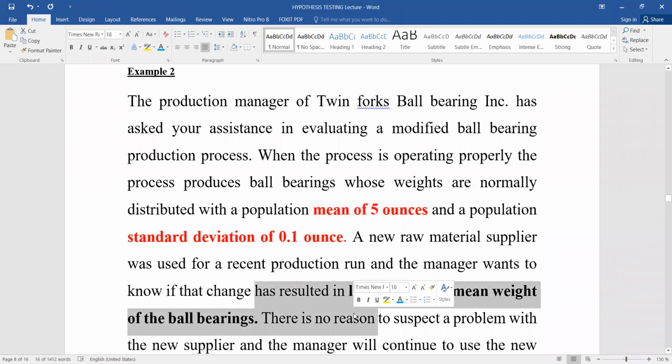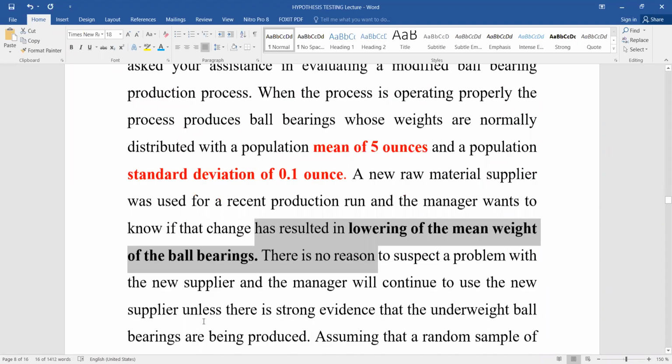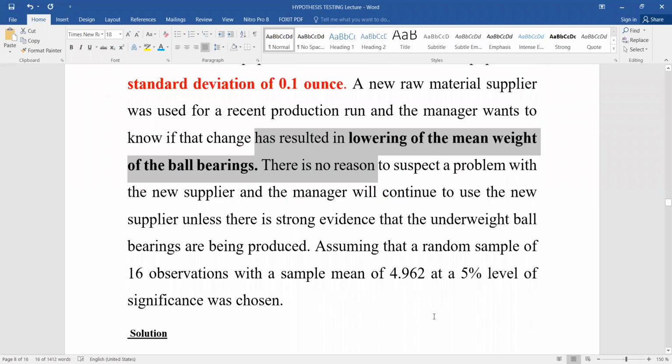Whenever you see words like lowering, it means you're lowering the mean weight of the ball bearings. There's no reason to suspect a problem with the new supplier, and the manager will continue to use the new supplier unless there's strong evidence that underweight ball bearings are being produced.